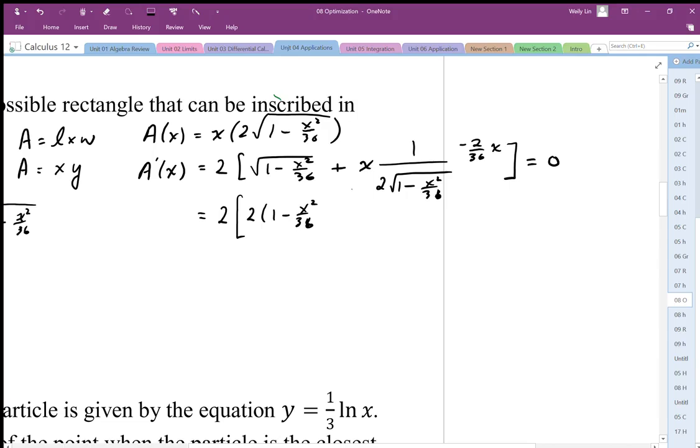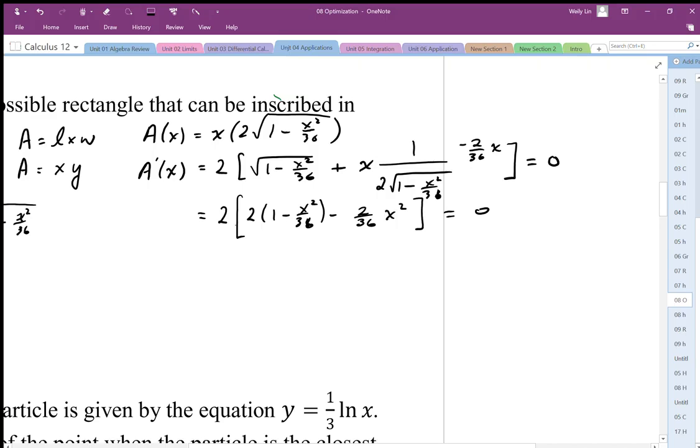When I multiply through this, I'm going to get rid of the denominator, so I end up with minus 2 over 36 x squared. Okay, and x times x is x squared. So there it is, and this is equal to 0.